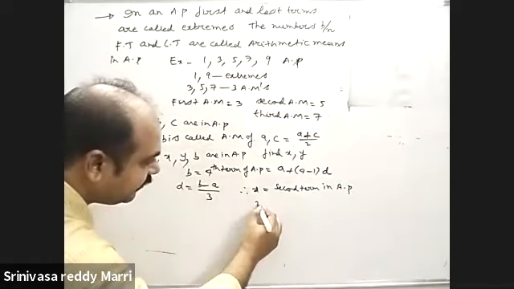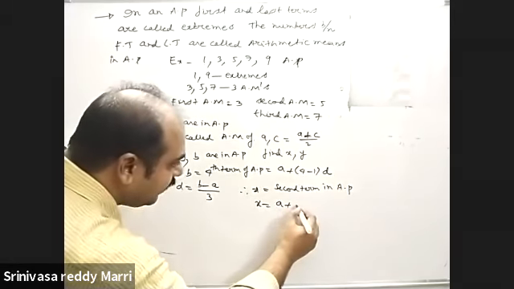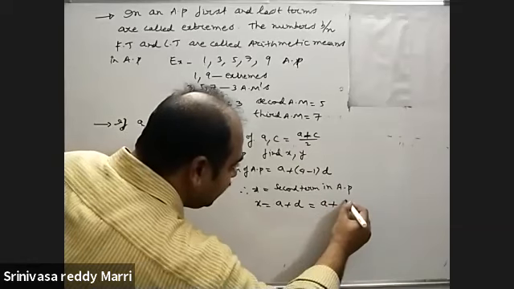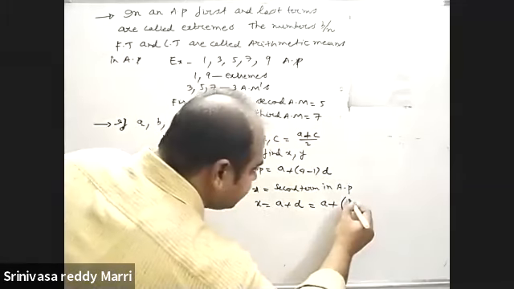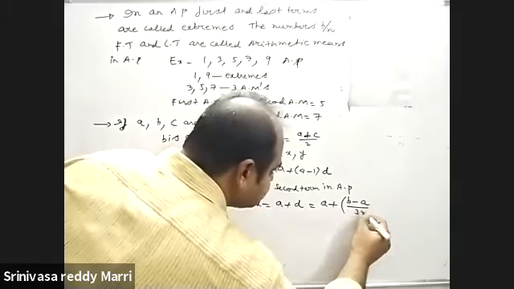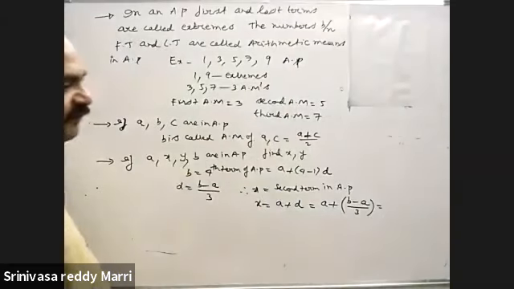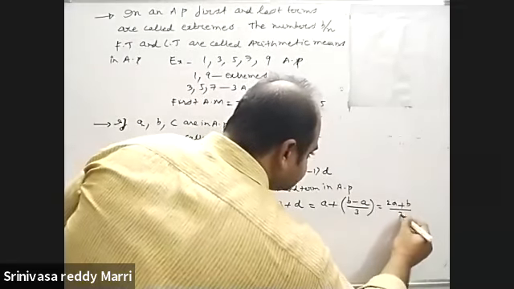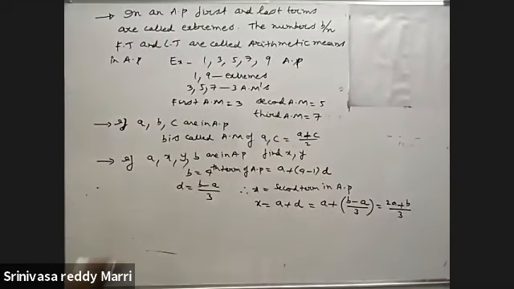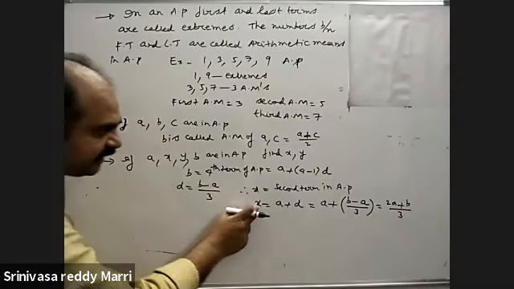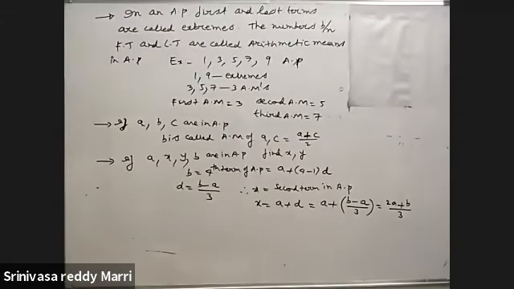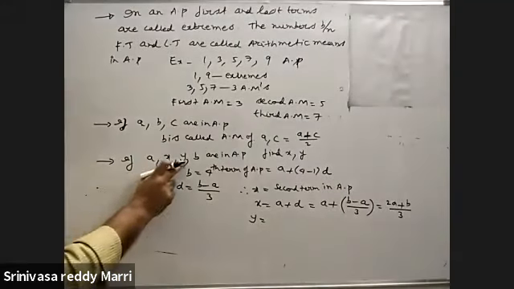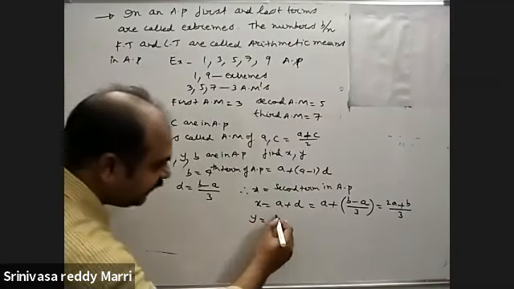Second term in AP means how to calculate? A plus (2 minus 1) into D. That is A plus D. That means A plus (B minus A) by 3. If you take the LCM, 3A minus A, that is (2A plus B) divided by 3. Therefore, X, the first arithmetic mean, is nothing but (2A plus B) divided by 3. So Y. Y is how many terms? 1, 2, 3. So the third term in AP.